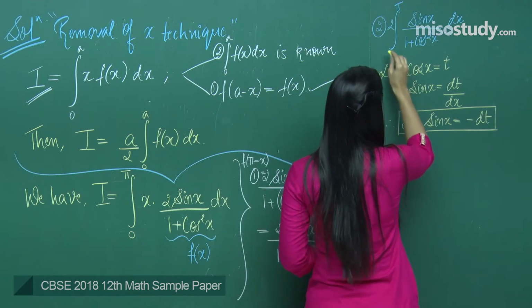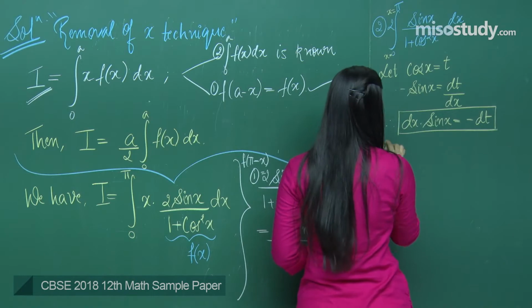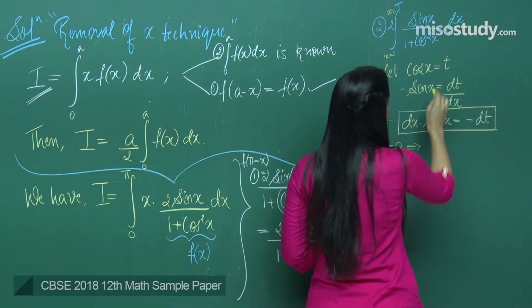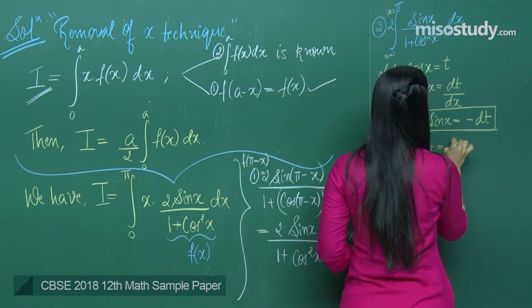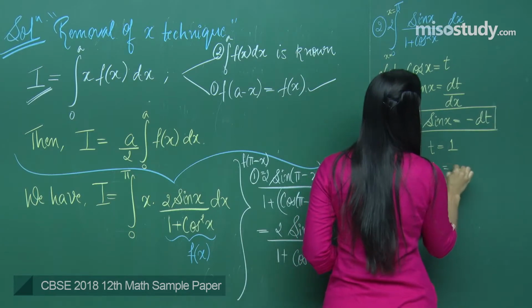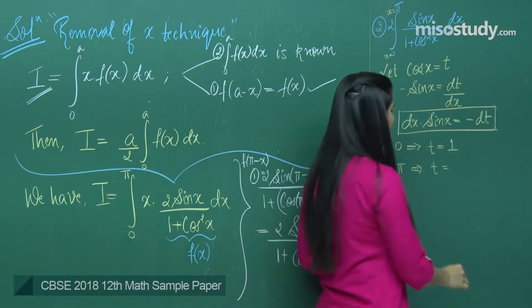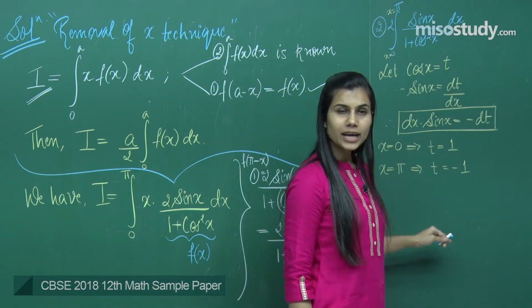And if these are the limits for x, so when x is 0 it implies t is cos 0, which is 1, and x is pi implies t is cos pi, which is minus 1. Isn't it? This is what we have.